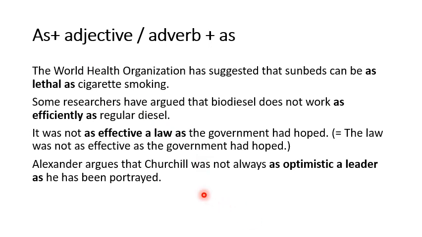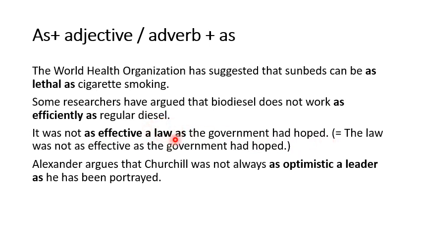Also, we can use this tool by adding a and a noun. This noun could be the subject, or a word that refers to the subject. For example, it was not as effective a law as the government had hoped.